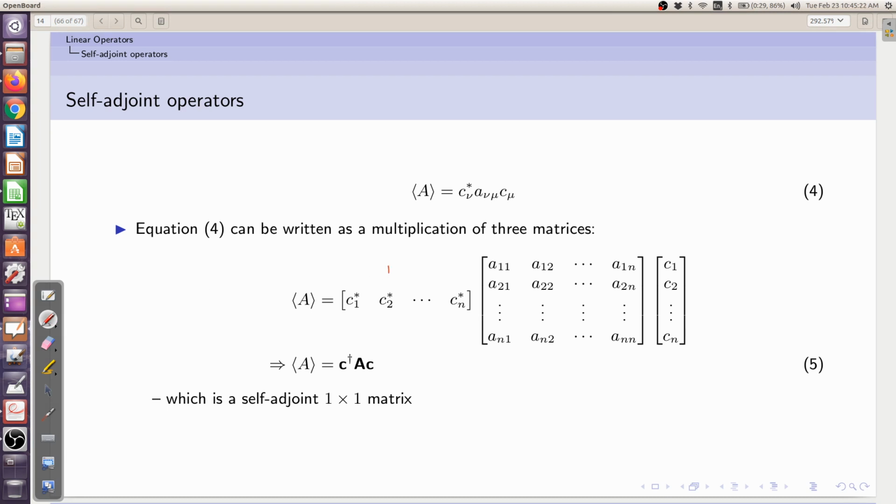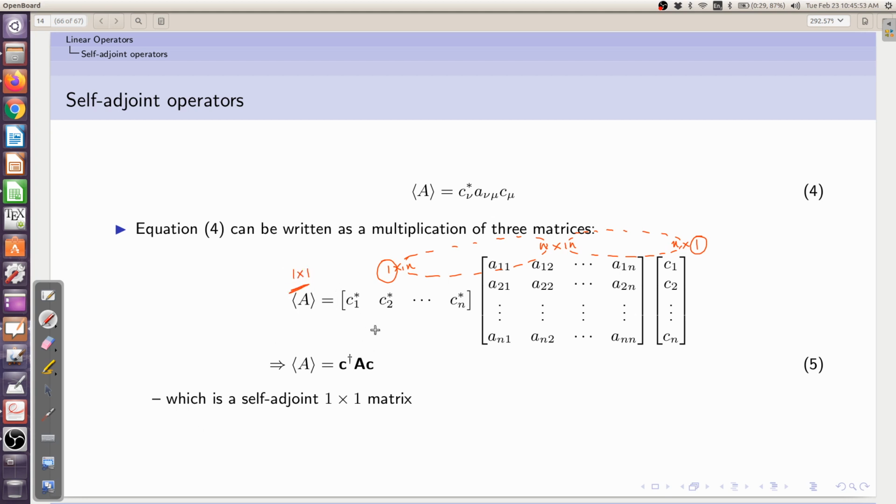This is a 1 cross n matrix, this is an n cross n matrix, and finally this is an n cross 1 matrix. The two n's get absorbed by the rules of matrix multiplication, leaving 1 and 1. So the result is a 1 cross 1 matrix, which is basically a scalar.